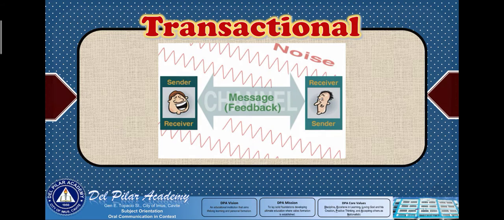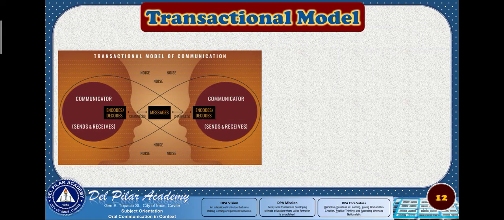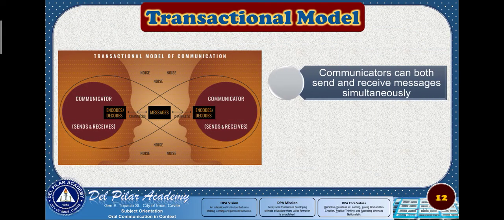Let's look at this image. Okay, so in this model, communicators can both send and receive messages simultaneously. It shows a transactional model of communication that takes into account noise or interference in communication as well as the time factor.